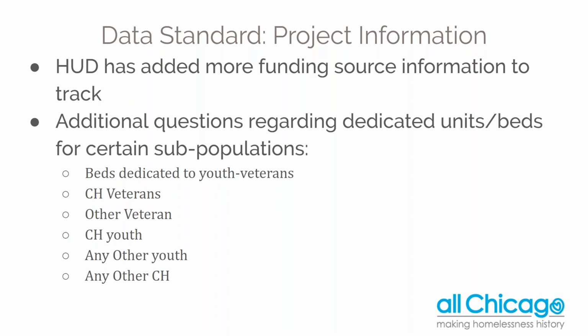And really what we're going to be asking for the unit list, because that is probably what is going to impact the majority of people, is that now we're going to ask you what dedicated number of beds you have for youth, veterans, chronically homeless veterans, chronically homeless youth, etc. So we're just expanding this subpopulation list, trying to see what beds are designated to whom in the system. So again, the impacts of this are relatively small.